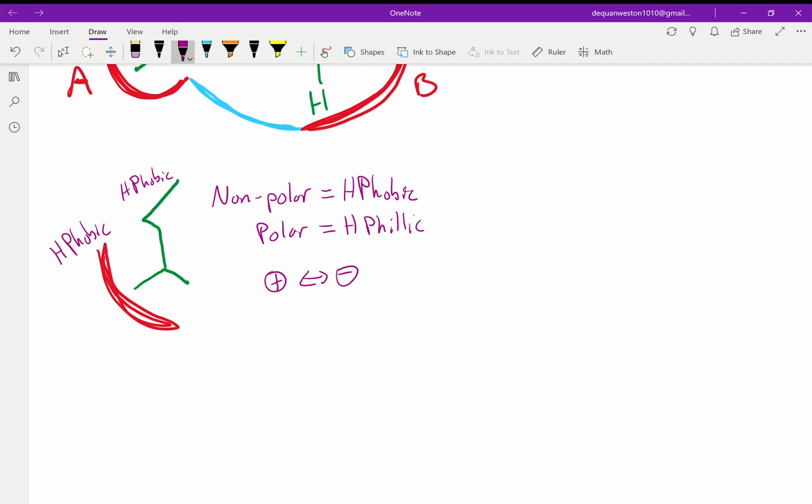Well, in terms of polarity, your polar is going to be attracted to polar. Nonpolar is going to be attracted to nonpolar. So hopefully that clears it up if anybody's confused on if it's opposites that attract or likes that attract. Just remember this right there.